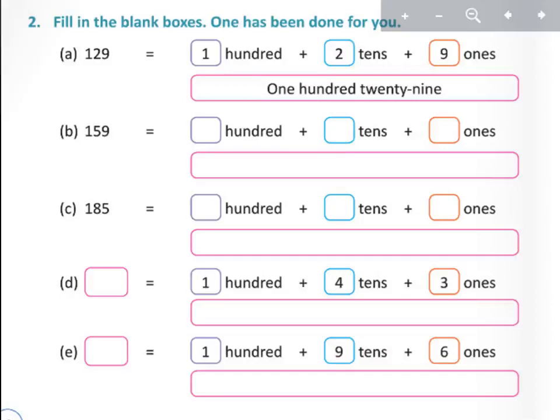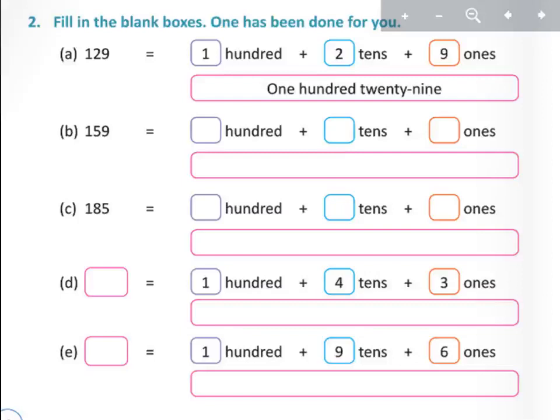Second question, fill in the blank boxes. One has been done for you. You have to fill the blank boxes with the correct places and then write the number name of the number. Example, 129.